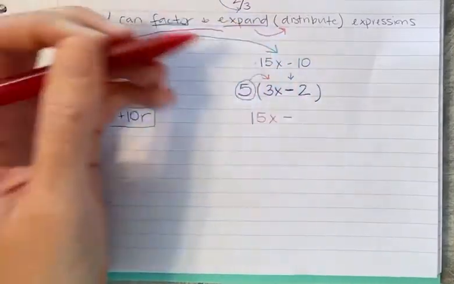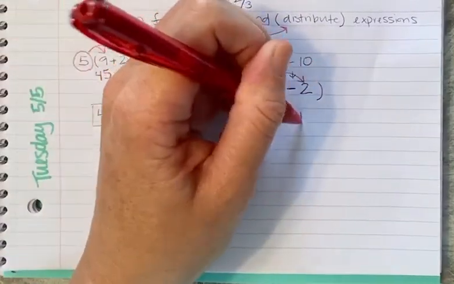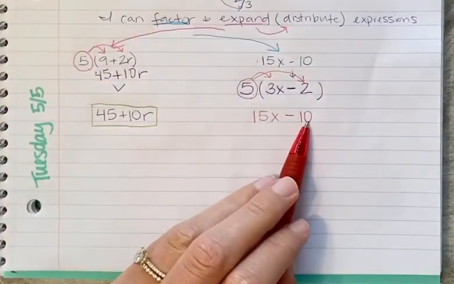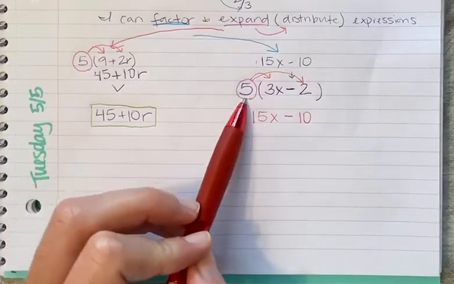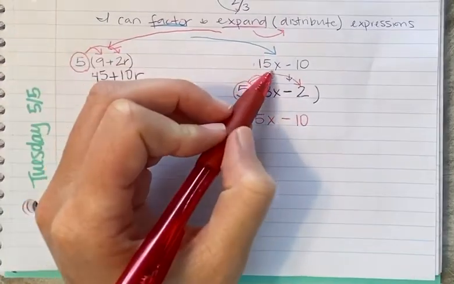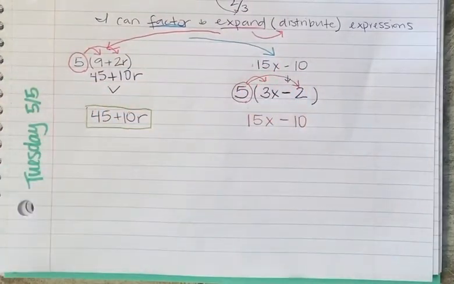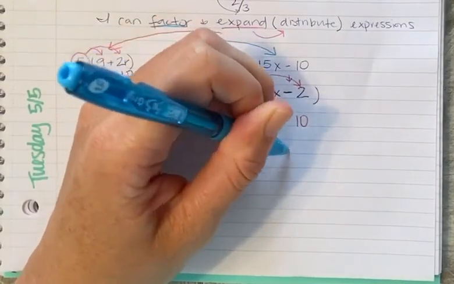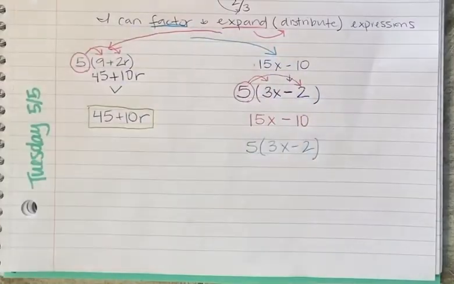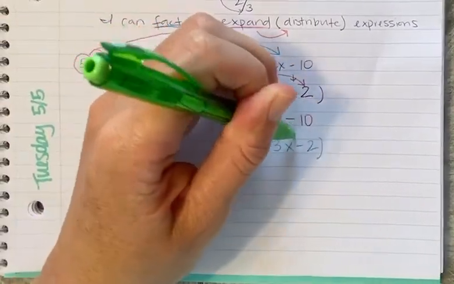I keep my minus sign. 5 times 2 is 10. So I have 15x minus 10. Is that the same as the original expression? Yes, it is. So I did this correctly. So 15x minus 10 factors as 5 times 3x minus 2. Okay, so that would be my final answer.